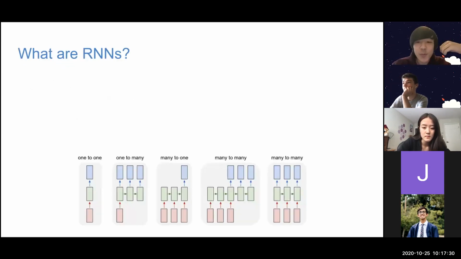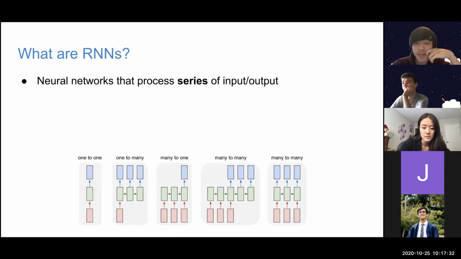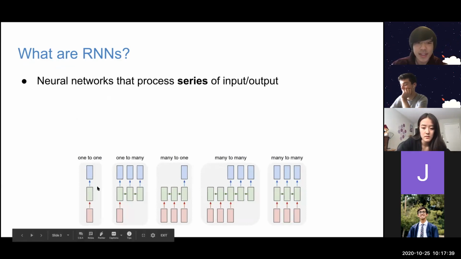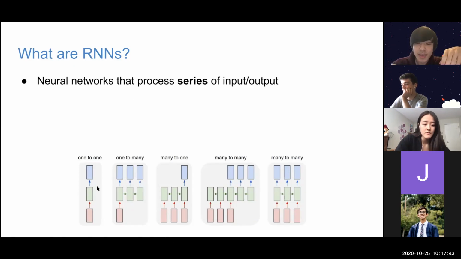So first of all, what are RNNs? Your traditional neural network can only do what you see in the picture on the left-hand side, which is one-to-one. It takes a fixed length sequence and produces a fixed length sequence as output. The reason that this might not work in a lot of situations is if your input changes length.